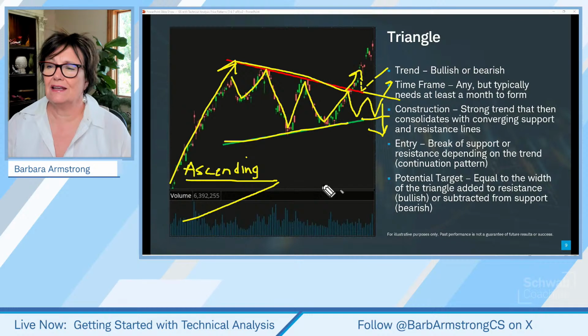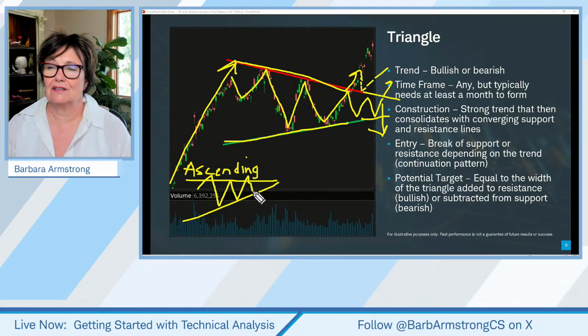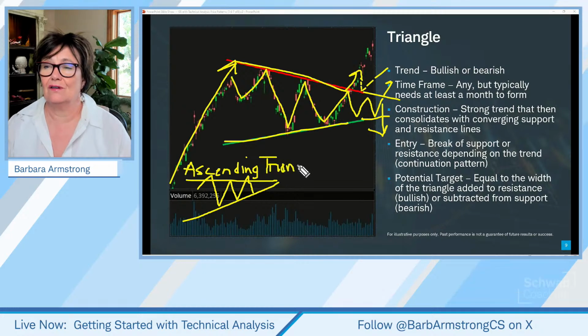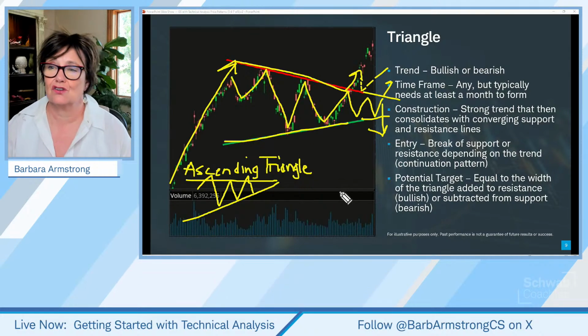So sometimes we can have a pattern where something might break out and look like it's breaking out, and then it could turn out to be a fake out, and it could come back down, and then it could look like it's breaking out, and then when it comes back to retest, it might not hold. It could come back in. So with an ascending triangle, with any kind of triangle or breakout, some people will want to wait.